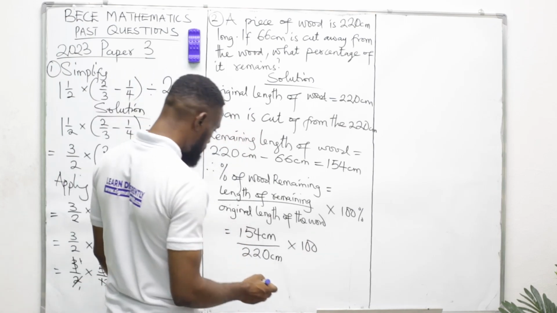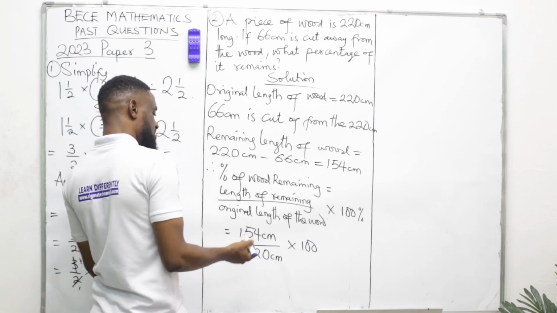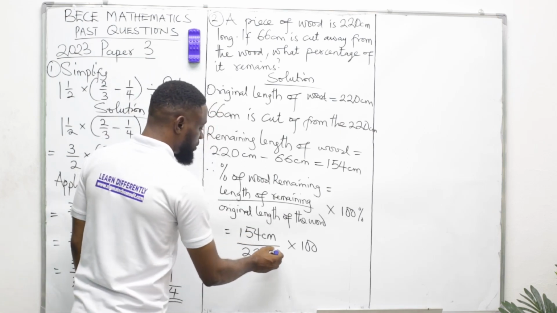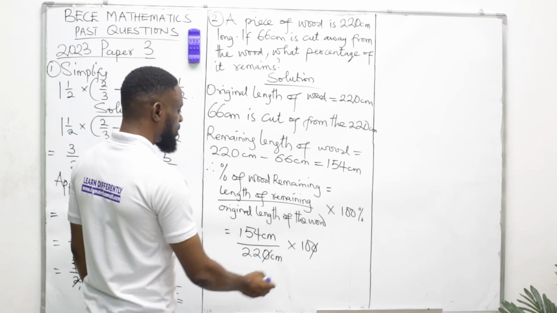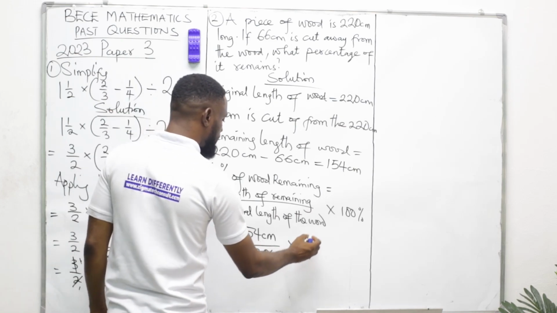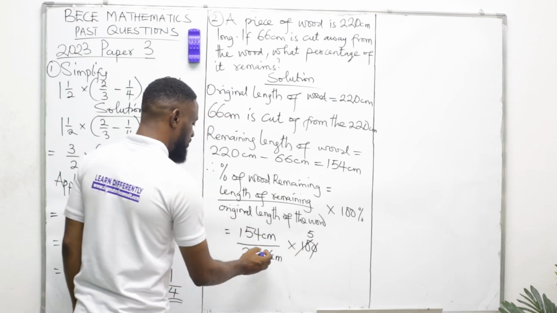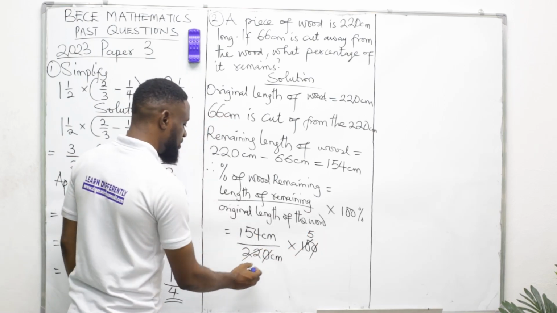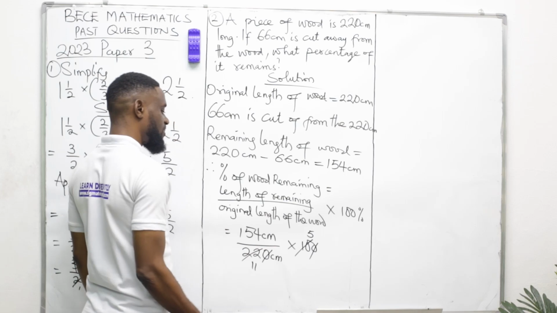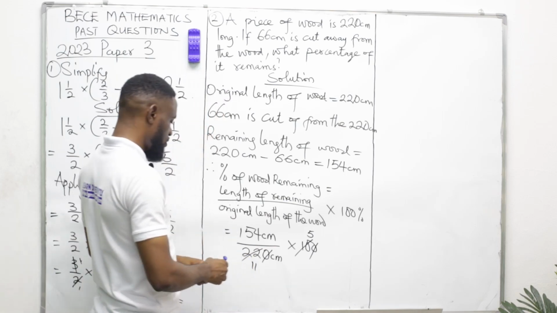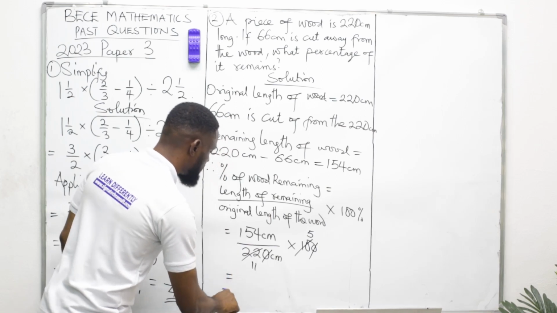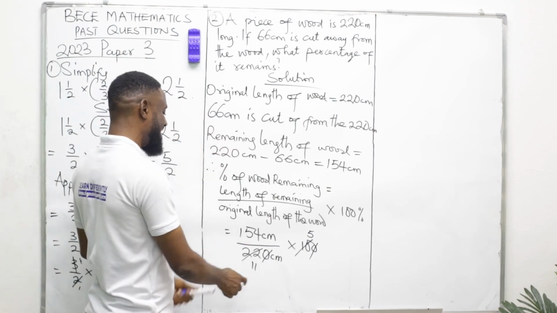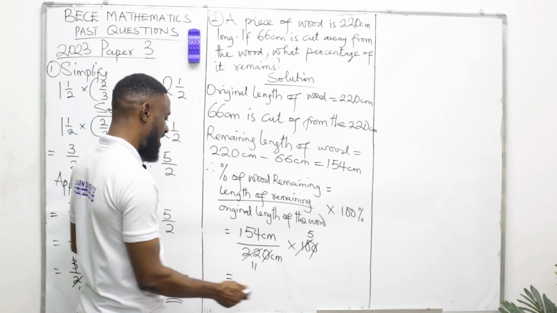Okay, so this cancels this, that is right. If we do 2 here, it will give 5. 2 here, it will give 11, right? Then we do 54 times 5. Actually, 11 can actually do this.